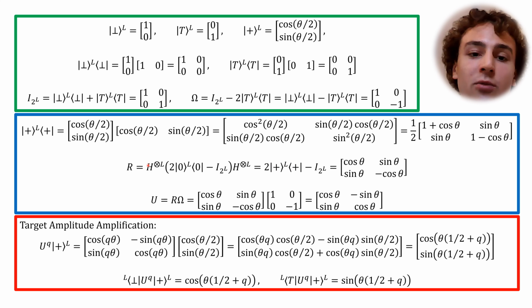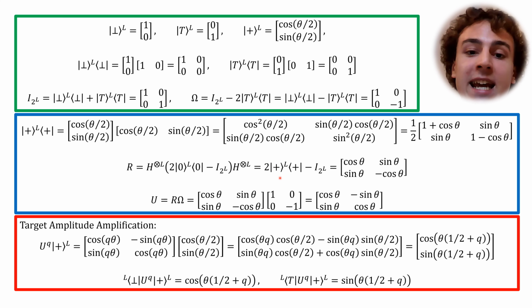We're doing that for this ket, and we're also doing this for the bra. The bra is going to get acted on by this Hadamard, which is coming in from the right. So the ket is getting acted on from the left, and the bra is getting acted on from the right. And that gives us this combination over here.